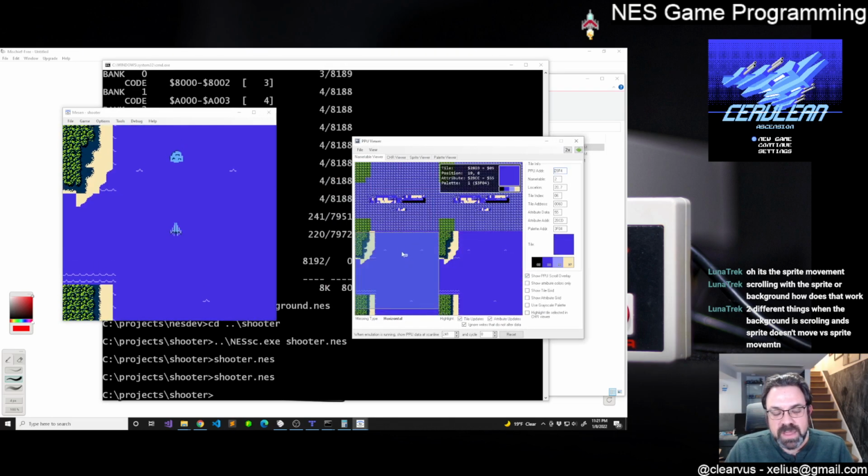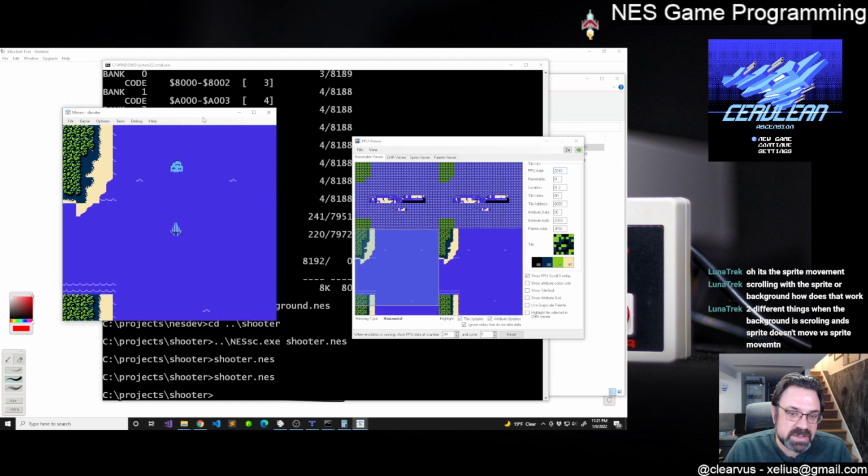We have this overlay here, this rectangle is what the screen shows. And this is the memory for the PPU, all of the memory. And so as we move this with the scroll register, that changes what the screen is actually focused on in this memory, and we're also updating the background. So that's how the background moves.